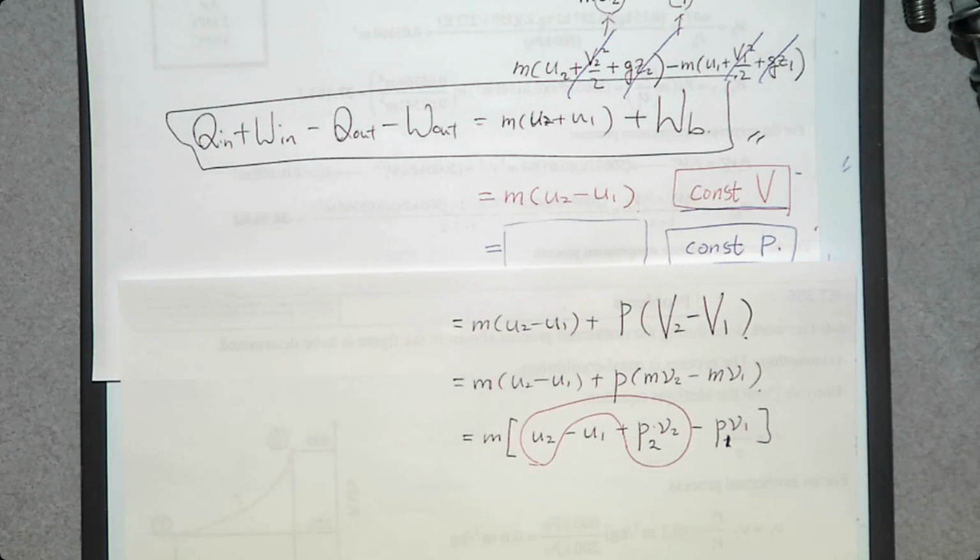Whoever finds it first gets extra credit of 0.00001. No, too low. Okay, so what is U plus PV? We learned another thermodynamic property. What is it? H, enthalpy H, extra 0.0001 point.